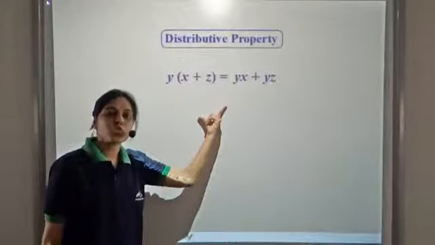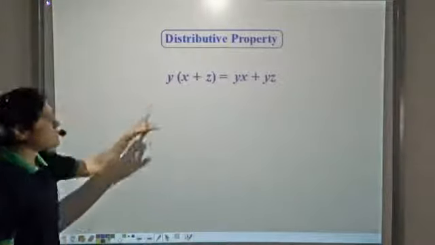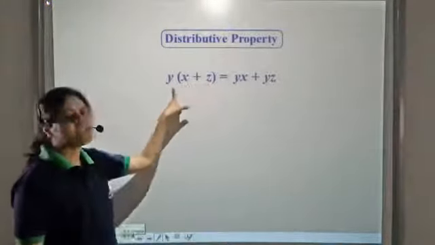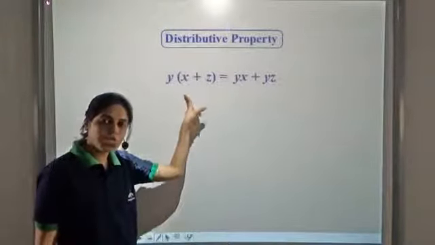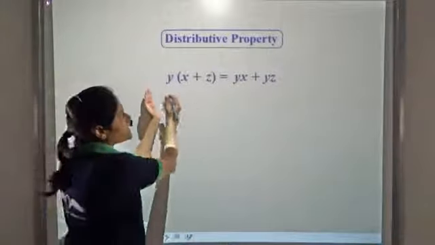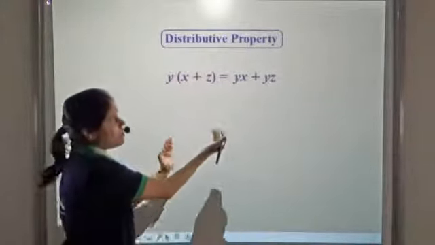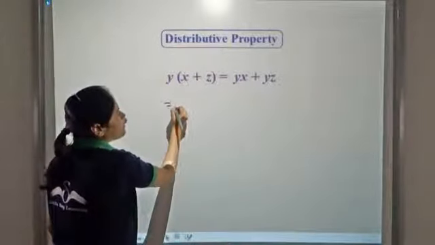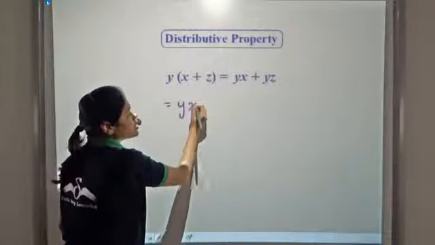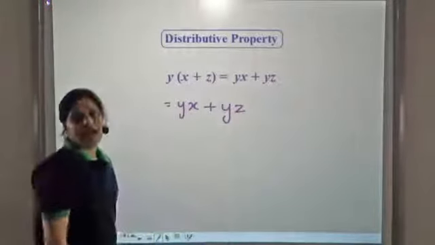This is the distributive property. Here y is being multiplied with this entire expression. It contains more than one term, so y has to be multiplied with each term of the expression and then they are added.